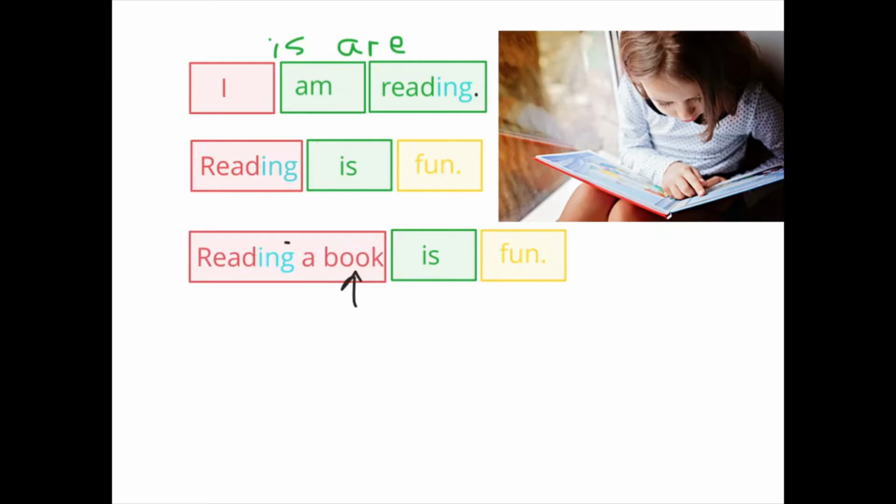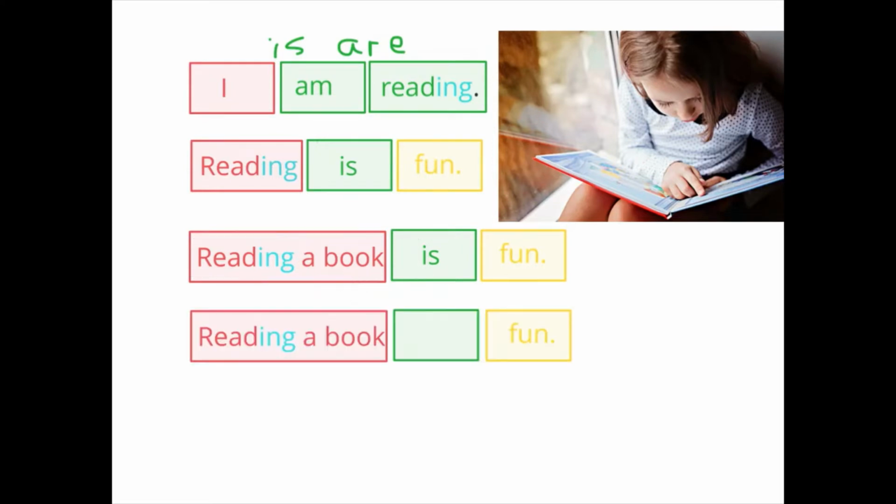It is reading, the act of reading, and that goes with a singular subject. So for example, if I wrote reading instead of one book, if I wrote reading books, books plural, here you might say, this is reading more than one book.